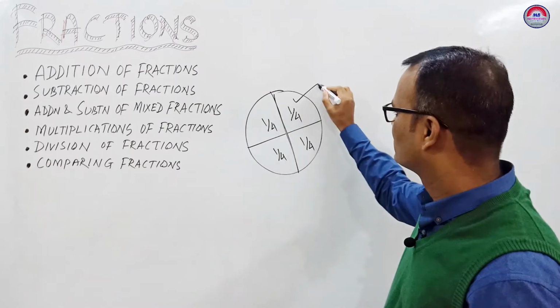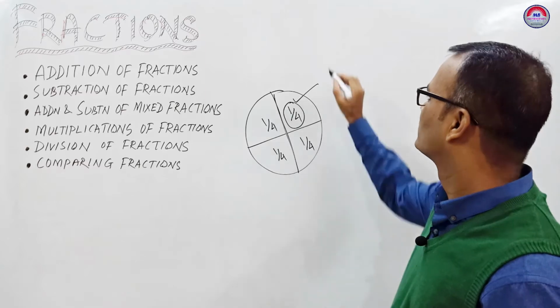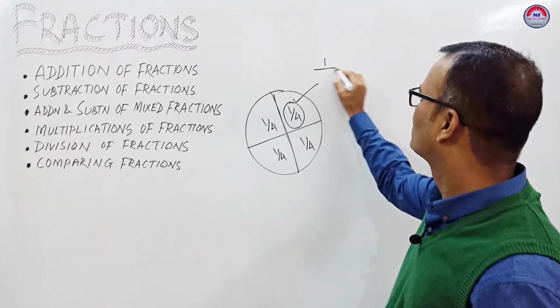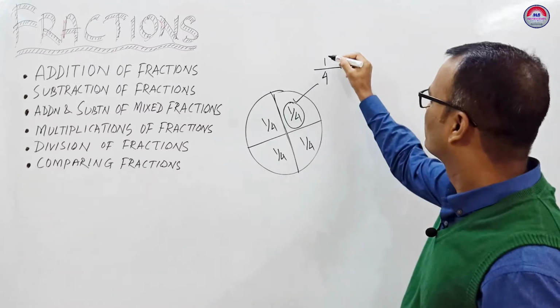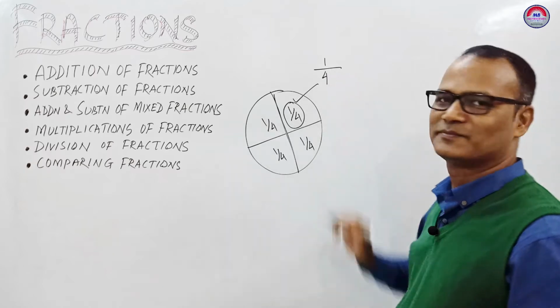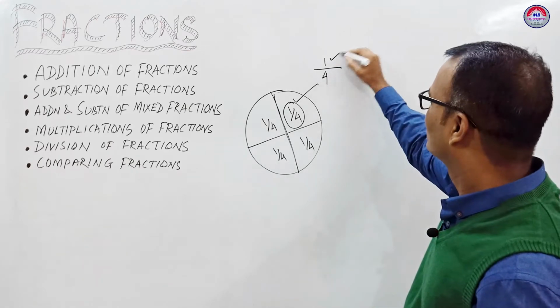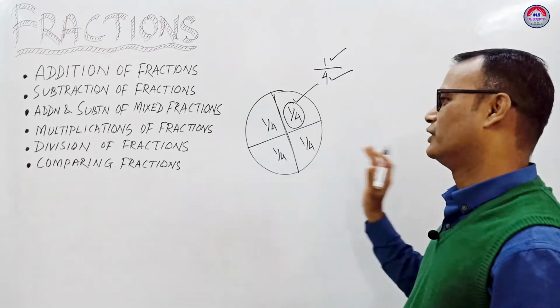So this is the fraction 1/4. Here you find on top 1 and on bottom 4, and there is a line. The top number is the numerator and the bottom number is the denominator.